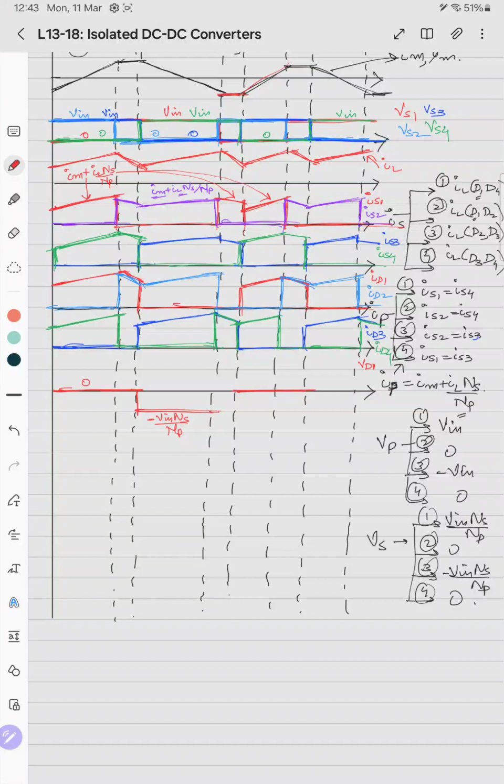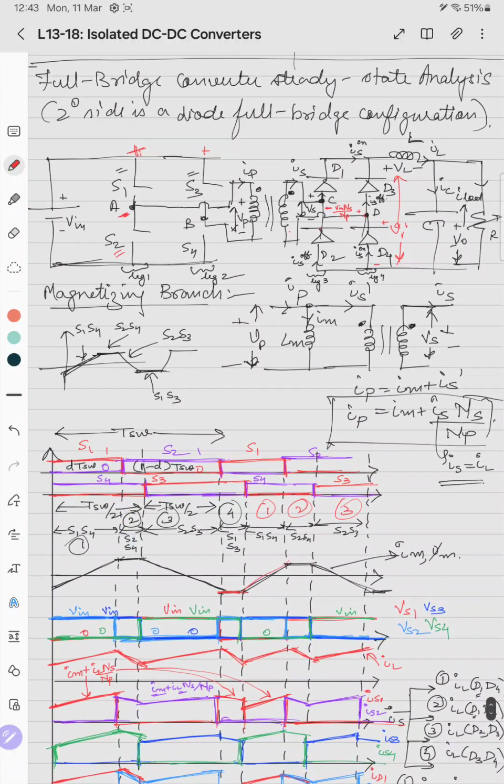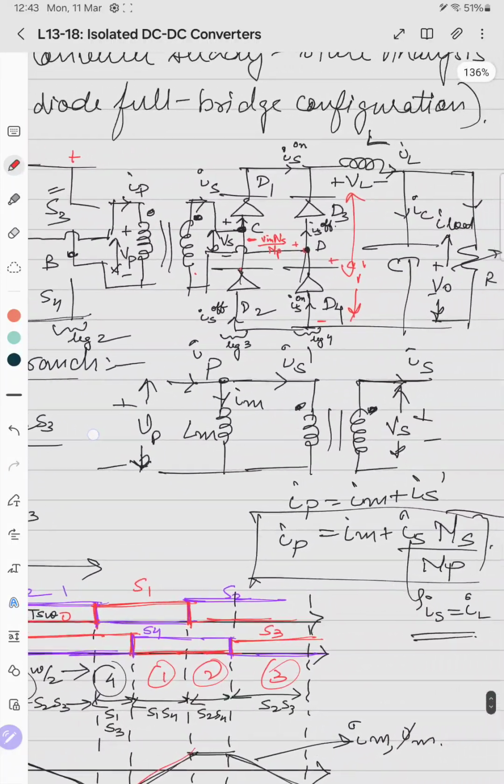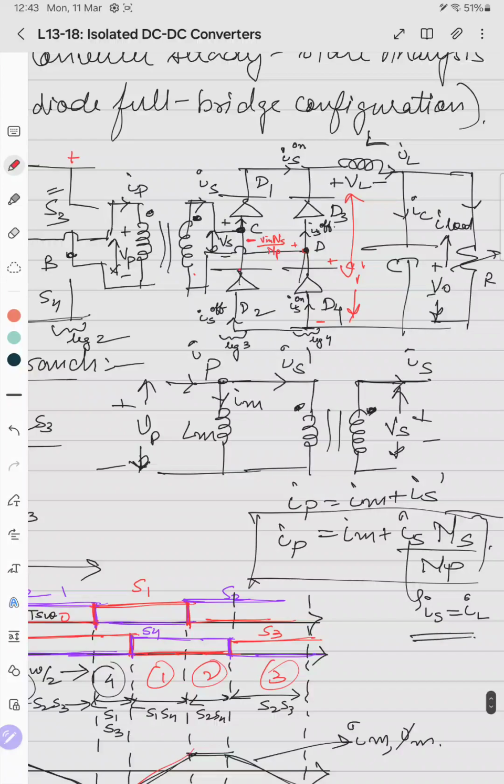In case 4, D3 and D4 are on, so the voltage drop across D1 plus D2 is 0. Diodes D1 and D2 are both off, so it is difficult to determine the diode voltage in these cases, because of VD1 plus VD2.